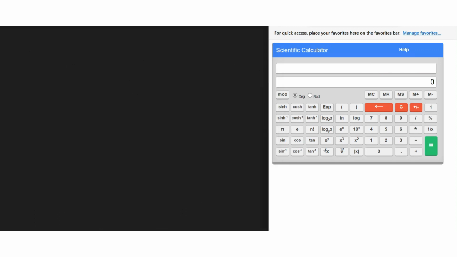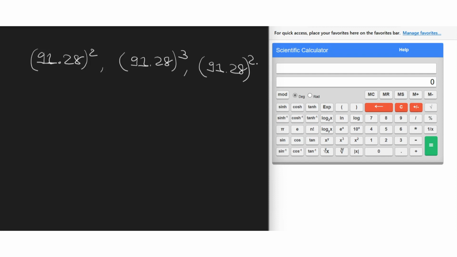Then let's see some of the power calculations. Let me take a number. Suppose I'm having 91.28. I need to find its square, also the cube. Then I want to find 91.28 raised to 2.6.